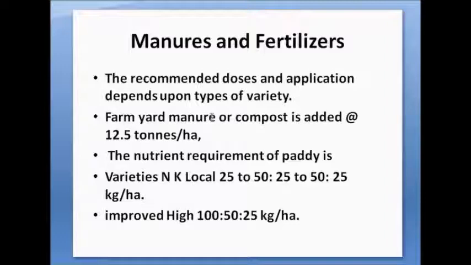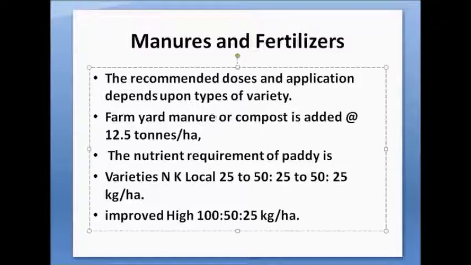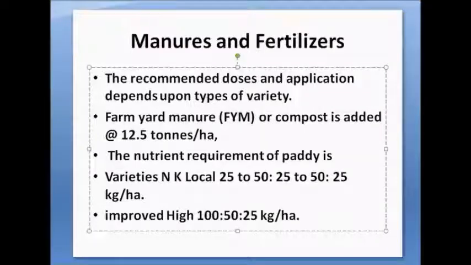Now this farmyard manure, it is called FYM. Now this FYM or compost, it is added at the rate of 12.5 tons per hectare. Then the NPK doses are given here.